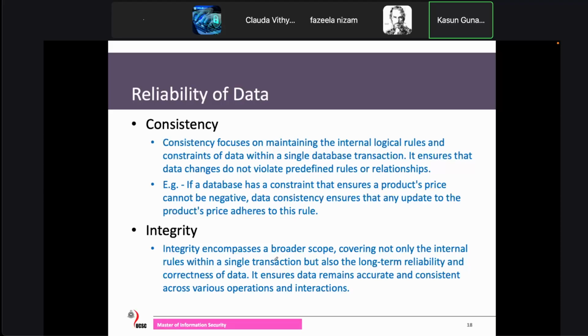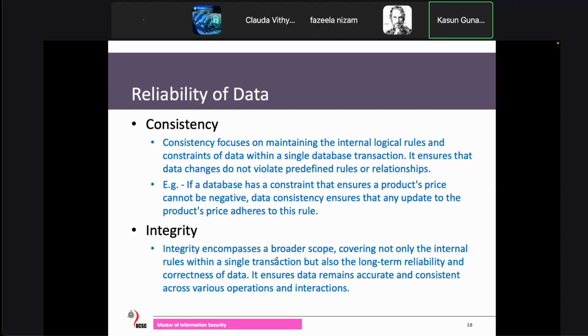Next, integrity. Integrity encompasses a broader scope, covering not only the internal rules within a single transaction, but also the long-term reliability and correctness of data. It ensures data remains accurate and consistent across various operations and interactions. As a summary, we can say that consistency is a subset of integrity.